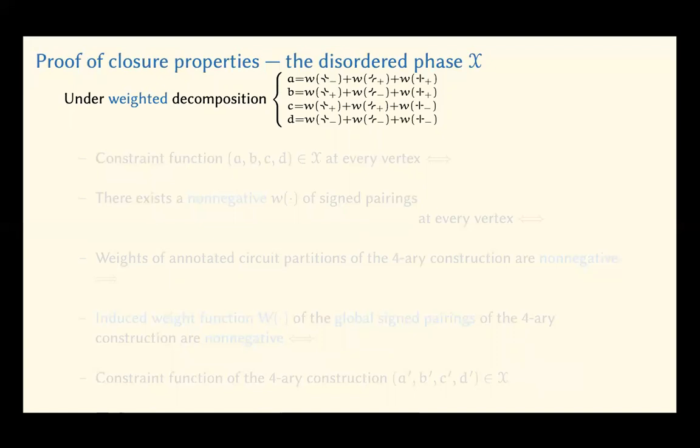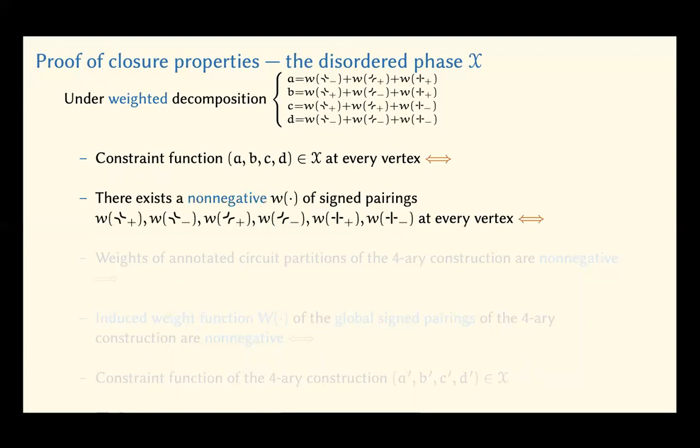Now let's look at how we prove the closure properties. For the first closure property, for the disordered phase X, we use weighted decomposition. The constraint function being in X at every vertex means that there exists a non-negative W of signed pairings at every vertex, which means the weights of annotated circuit partitions of the Fourier construction are non-negative, because the weight of an annotated circuit partition really comes from the product of signed pairings.